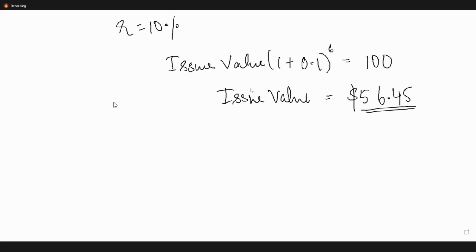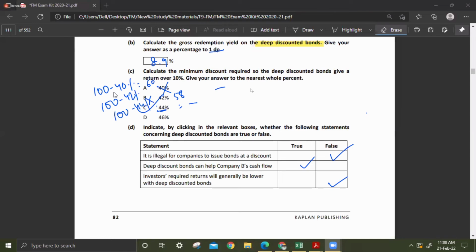Yes, ma'am. Now you have to check, if it's 56.45, how much is the discount? You know 100 minus X% is 56.45. So you check. If I do 100 minus 40%, I'm getting $60. So this is not the discount rate. If I do 100 minus 42%, I'm getting $58.